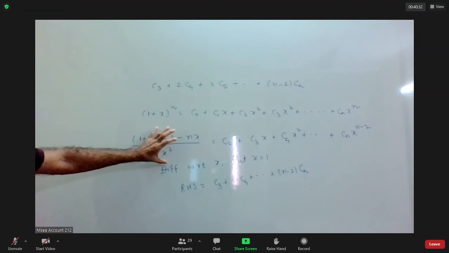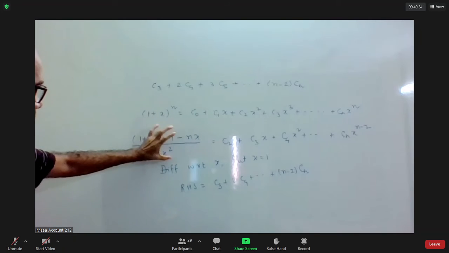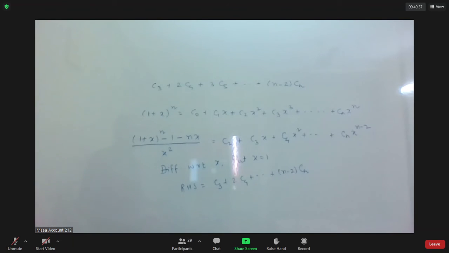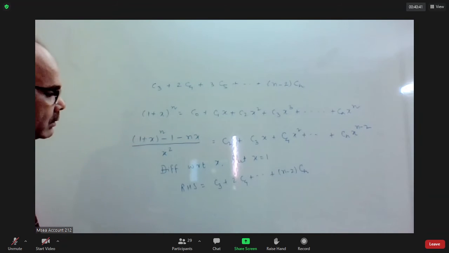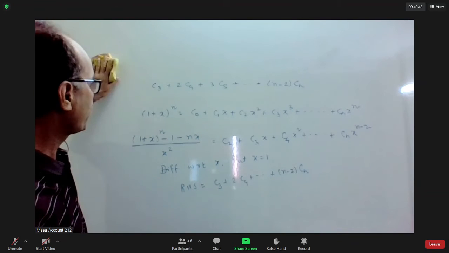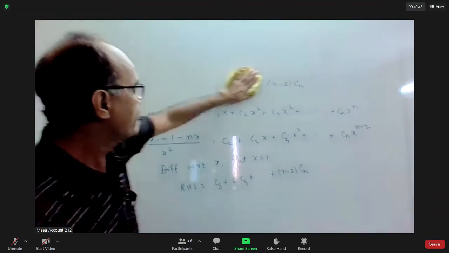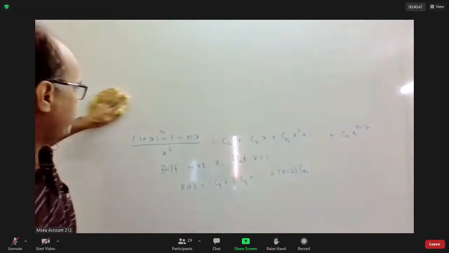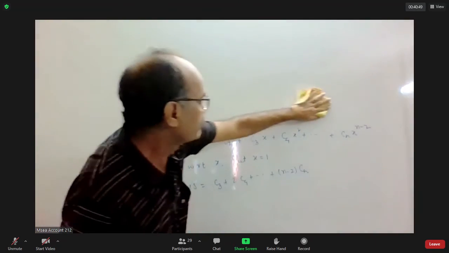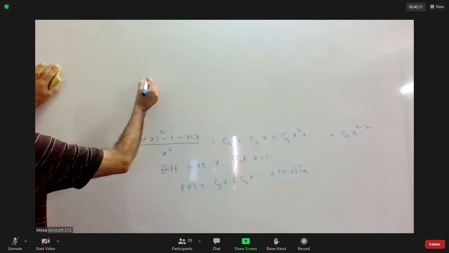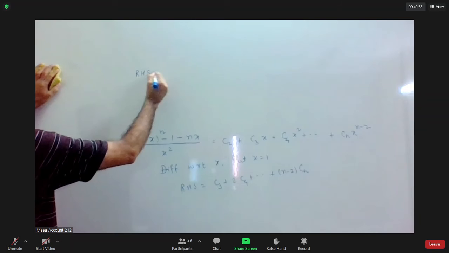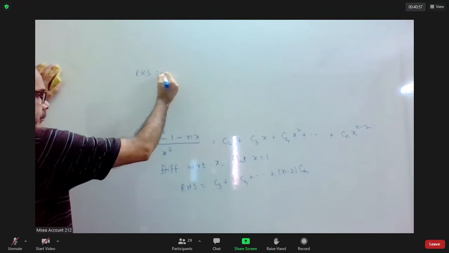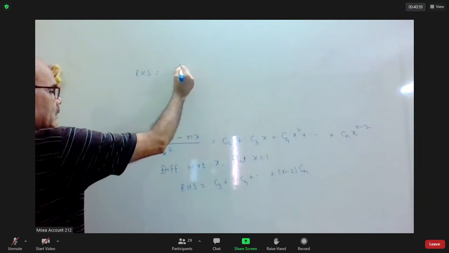Now we have to simplify LHS. First we have to differentiate it and then put x equal to 1. To differentiate, we apply the u by v rule, the quotient rule.